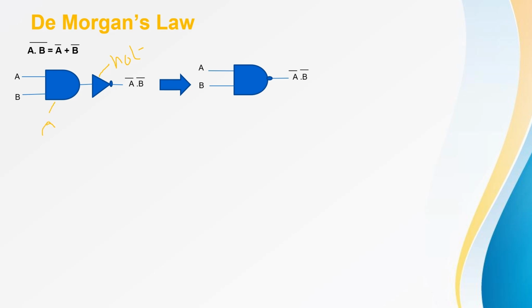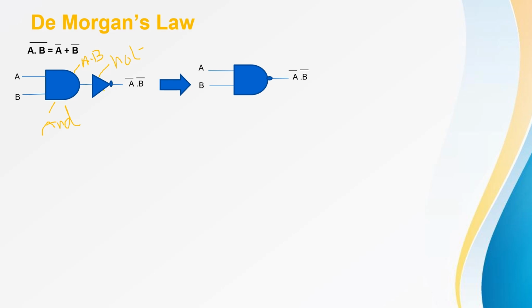This is AND. So the output of this AND will be equal to A dot B. And this NOT gate inverts that output.